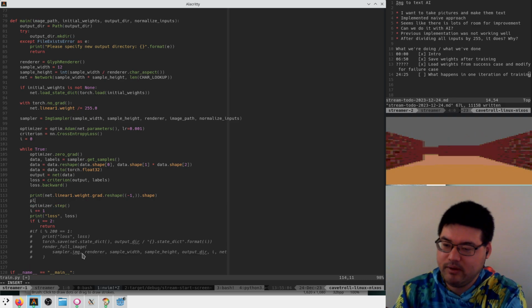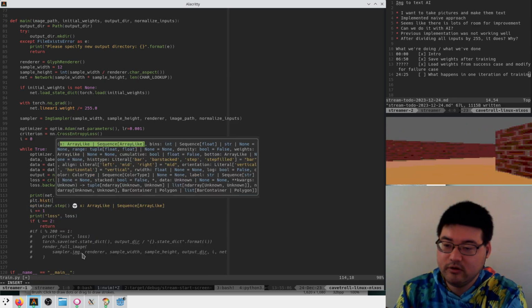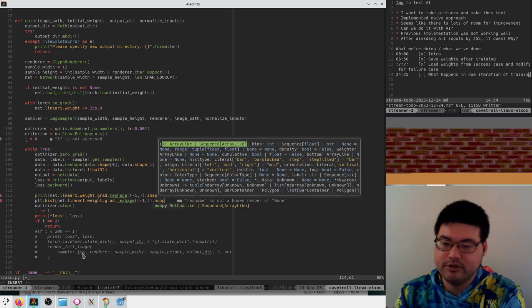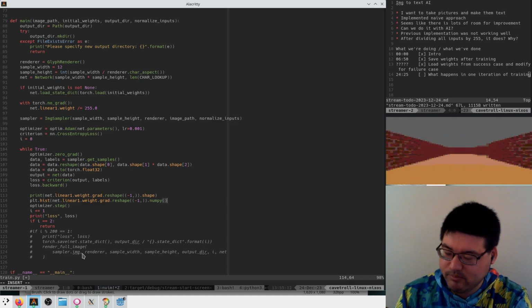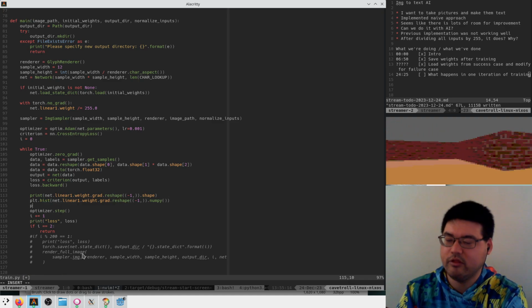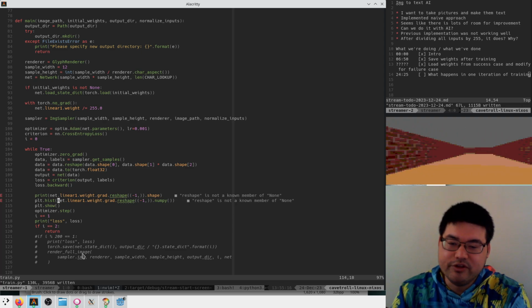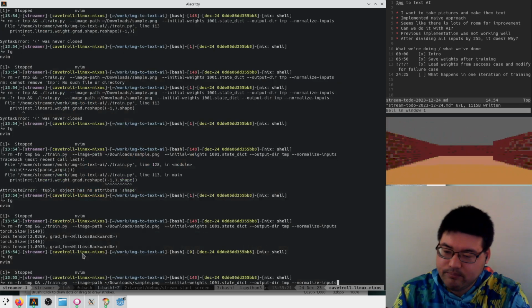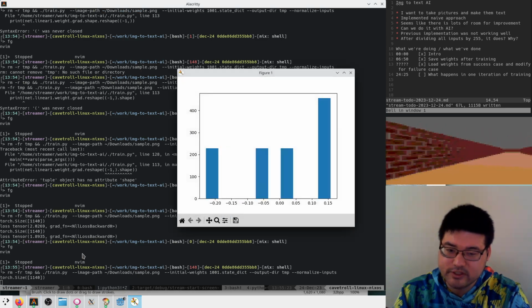So we should be able to say plt hist of this, but probably convert to a numpy array, because pyplot probably only wants to work with stuff on the CPU. And then with normalized, does this, nice.